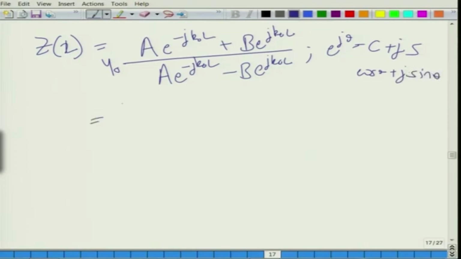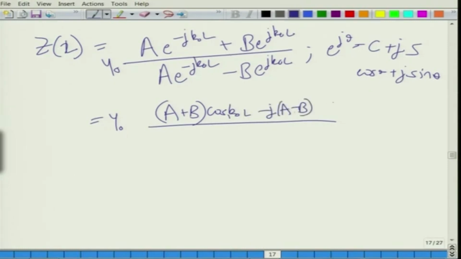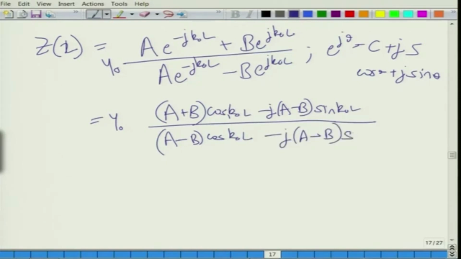Once we do that and do the algebra, we can simplify this further to get (A plus B) times cos k0L minus j times (A minus B) times sin k0L, divided by (A minus B) times cos k0L minus j times (A plus B) times sin k0L.